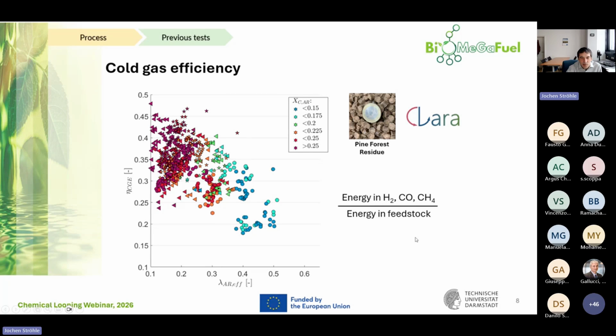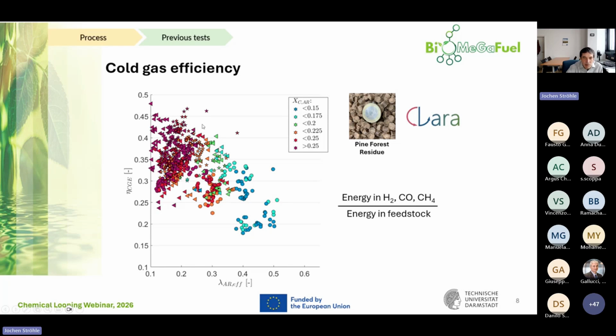And that's what we also saw in the chemical looping gasification system, when we decreased the effective lambda in the system. So that does not only mean the oxygen which is added to the air reactor, but the oxygen which is finally also transferred to the fuel reactor. So we could, let's say, maximize the cold gas efficiency by decreasing this effective lambda up to almost 50%.